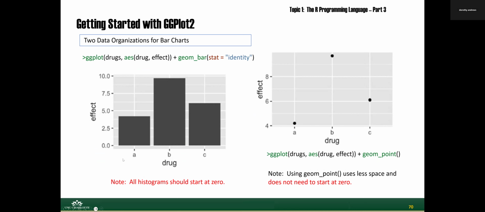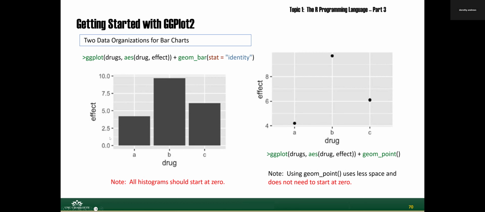So in the first case, we have our histograms. And one thing that's really important about histograms, and this really is from psychology, is that when you don't start your histogram at 0, it creates an illusion in the graph, and it tricks the mind into thinking certain data elements are more important than others.